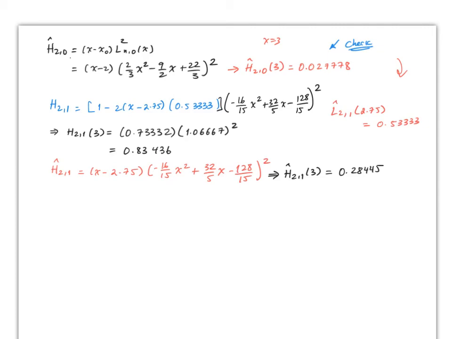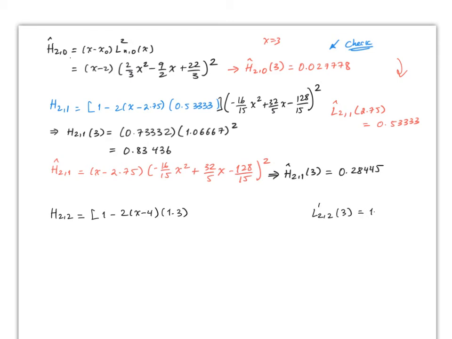Anyways, let's go to the last two. We need H22. By definition, again, this will be 1 minus 2(x minus 4), which is x2, times 1.3, L22 prime evaluated at the point 3.